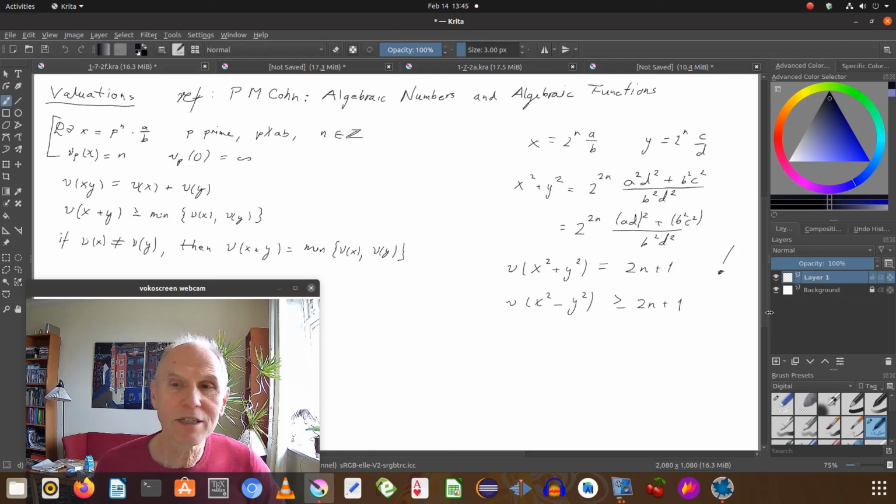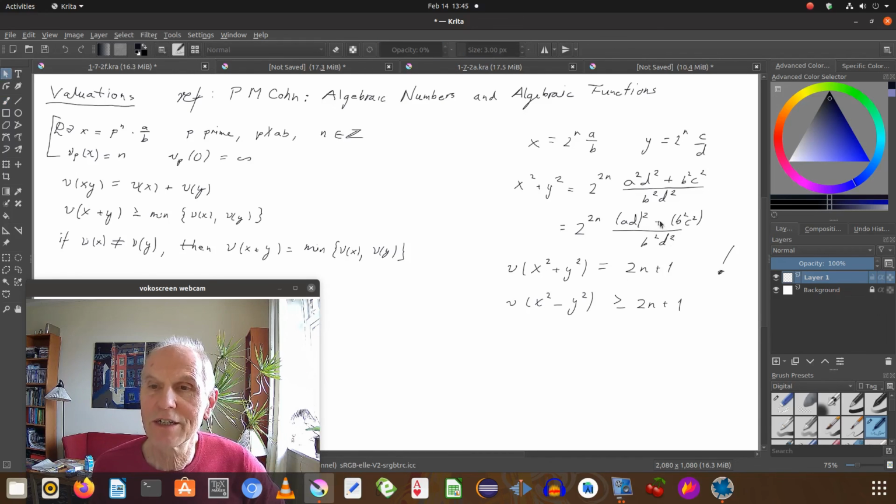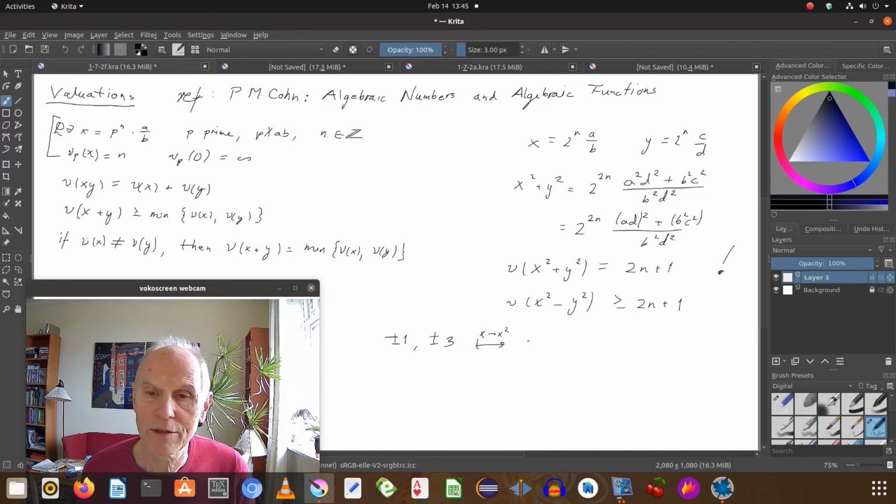When we get a minus here, then if we work modulo 8, this is equivalent to 1 modulo 8, and this is equivalent to 1 modulo 8. Modulo 8, the odd numbers are plus or minus 1, plus or minus 3. If we square them, we get 1 modulo 8.